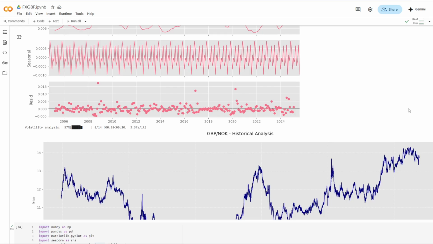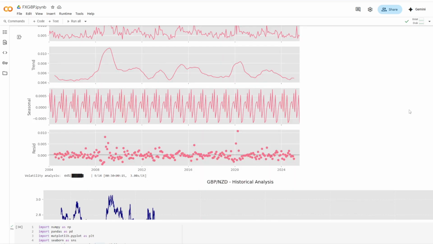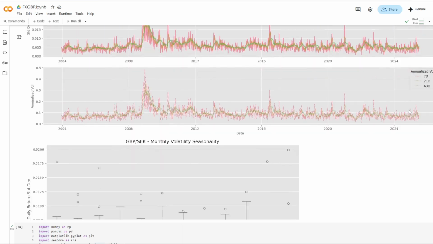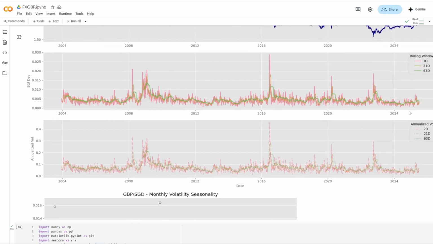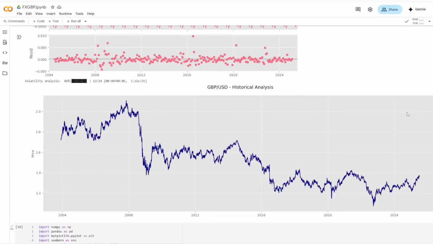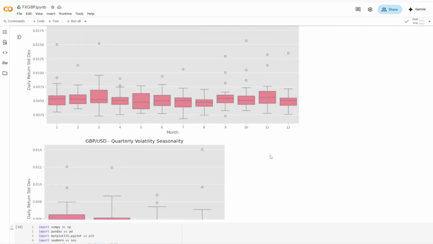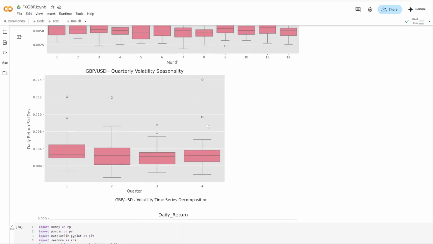So let's see pound dollar, just to go for something more familiar. Okay, pound dollar. So we have August is not volatile. We have September, October. The Q4, fourth quarter, is very, very volatile usually for cable.